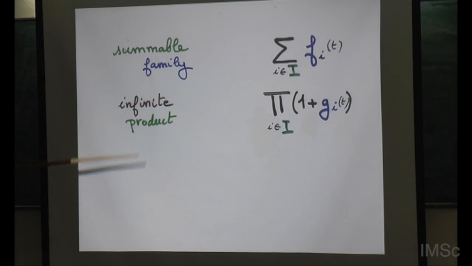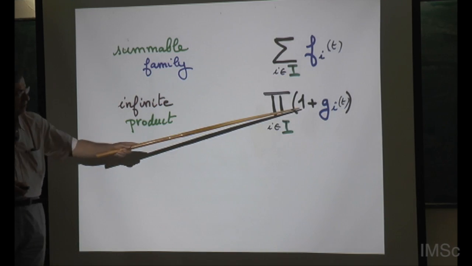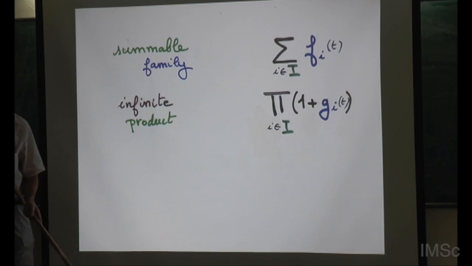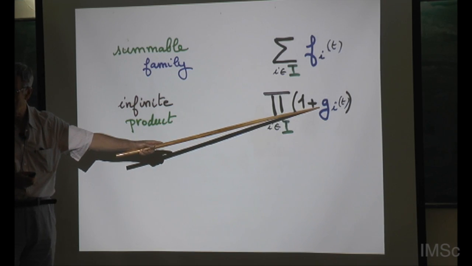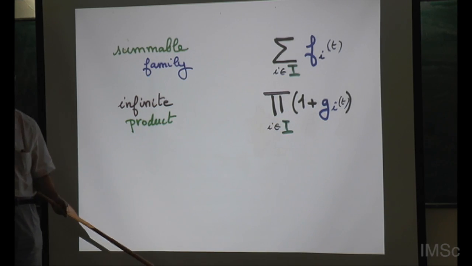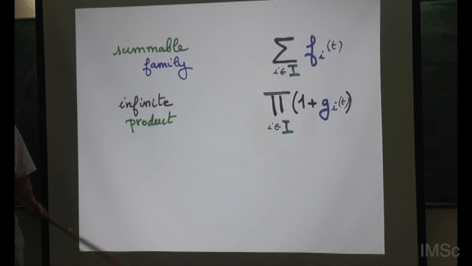Analogously, we can define infinite product. It's an analogous definition. If you try to get the term of t power n, then t power n will be the sum of some products of terms involving these power series. And if all the terms which give you t power n are finite, then this makes sense, and I can define this infinite product.